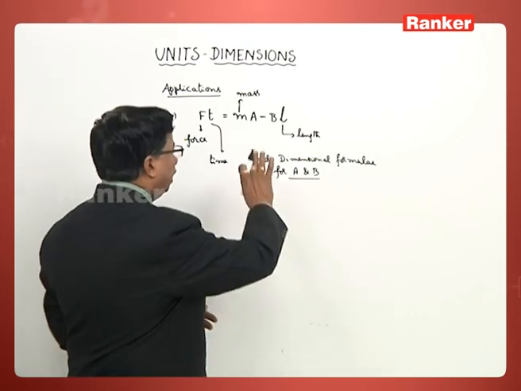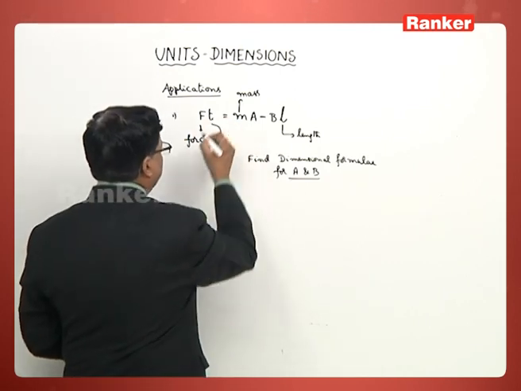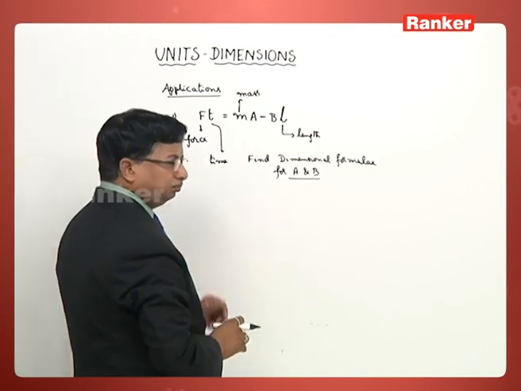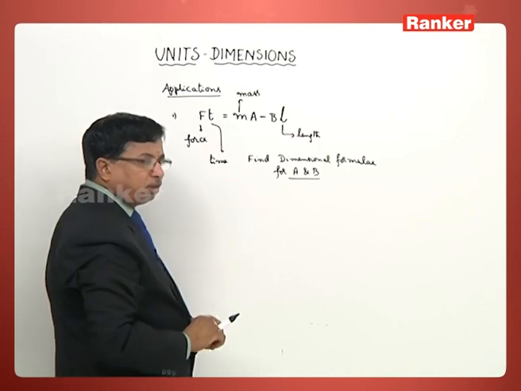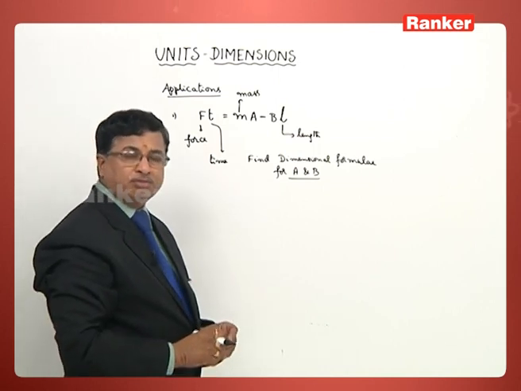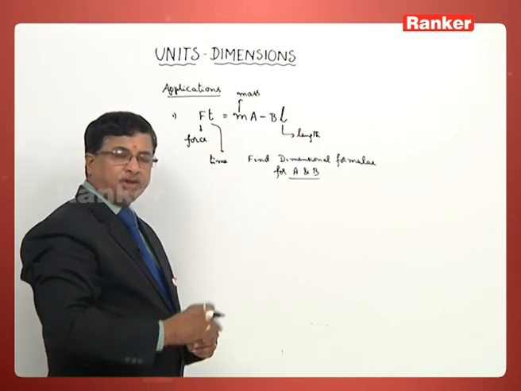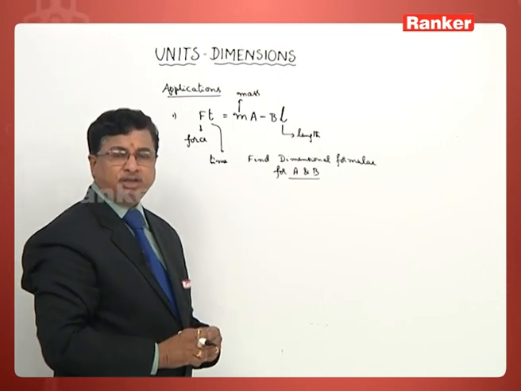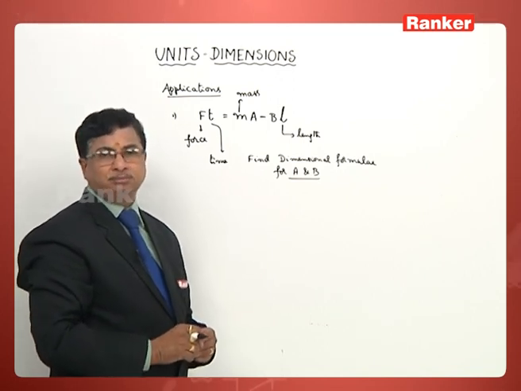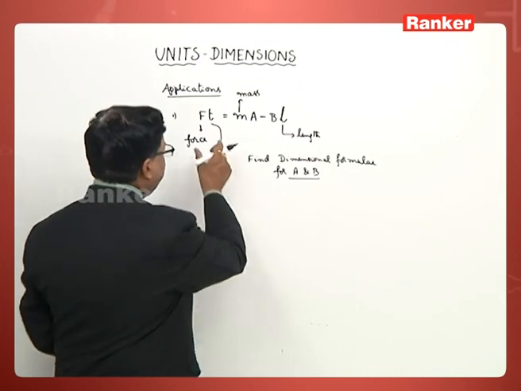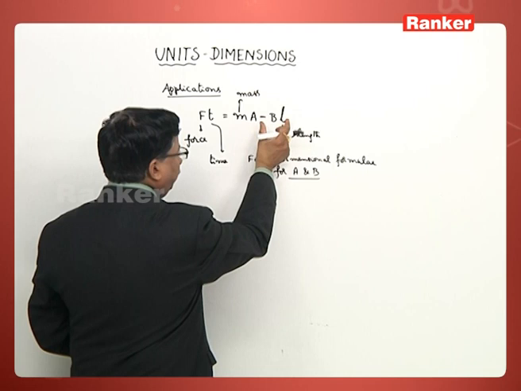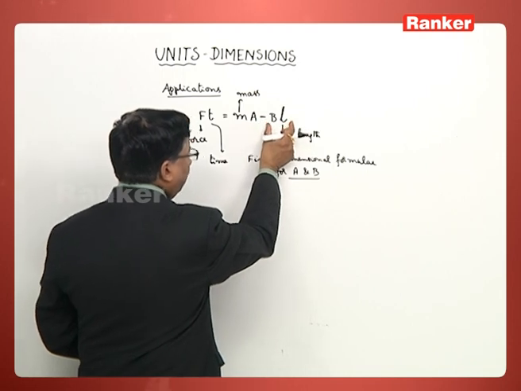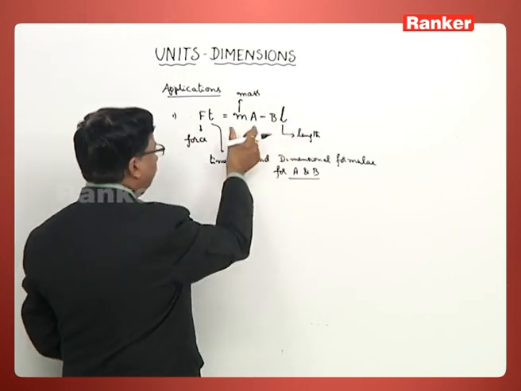Now in this regard, a simple concept one has to keep in mind. In fact, force into time, the product of force and time, is called impulse, which can also be called a change in linear momentum. Now when this is impulse, you can understand, when we subtract BL from MA, we are getting impulse.